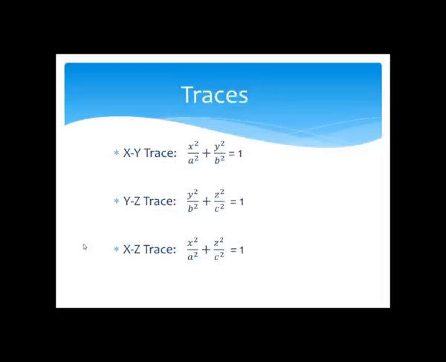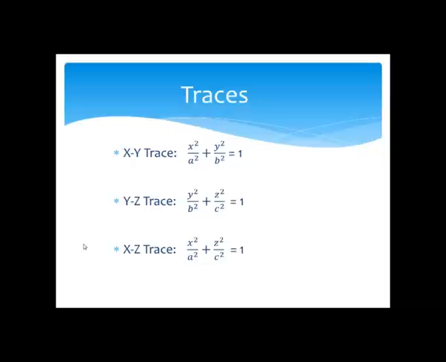So first of all, we find out the three traces. The first one is the xy trace, the second one is the yz trace, and the last one is the xz trace. Remember, to find the traces, simply equate the other variable to 0. Notice that the three traces here are all ellipses.